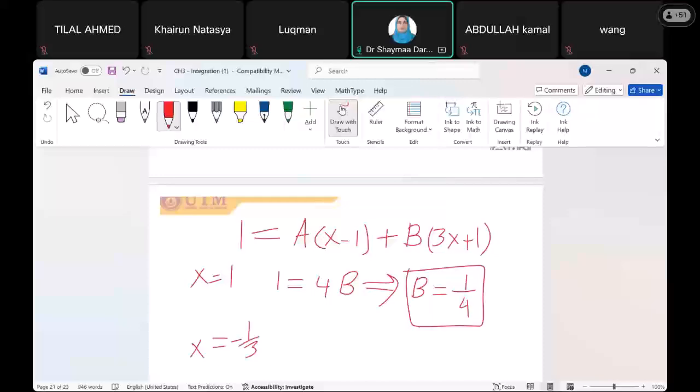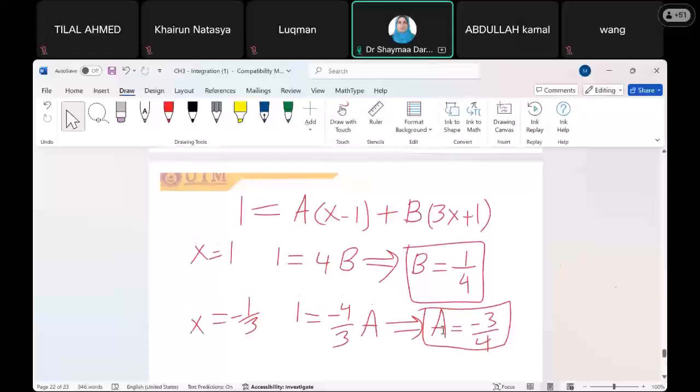So 1 equals A times minus 1 over 3 minus 1, which is minus 4 over 3 A. The second part will be 0, because if x is minus 1 over 3, the second factor will be 0. So from here, A is equal to minus 3 over 4. So this is B and this is A.